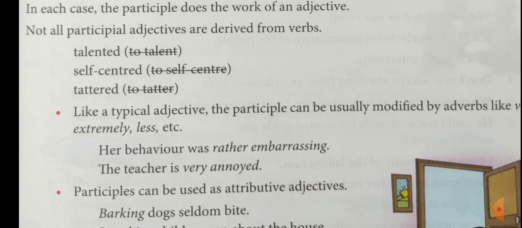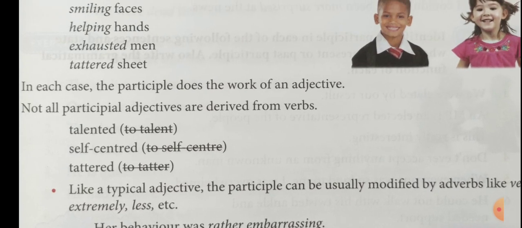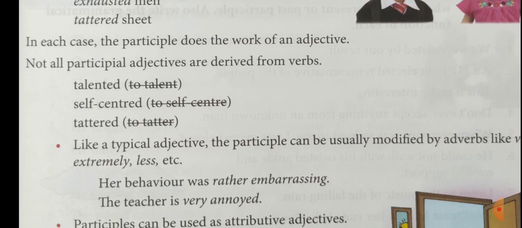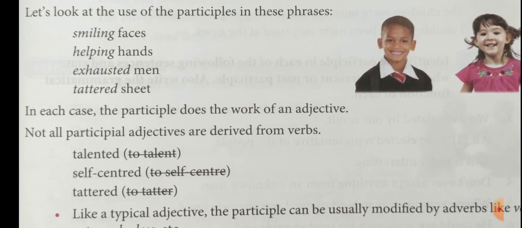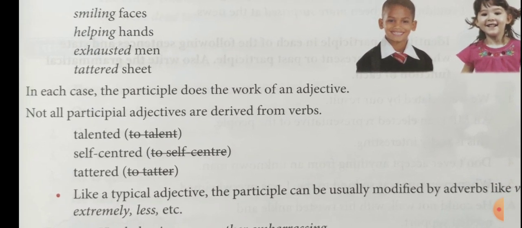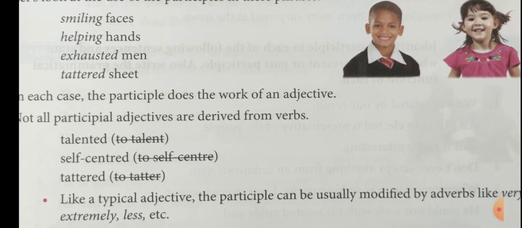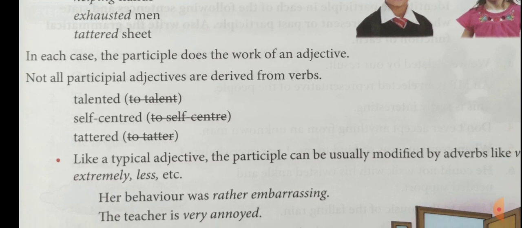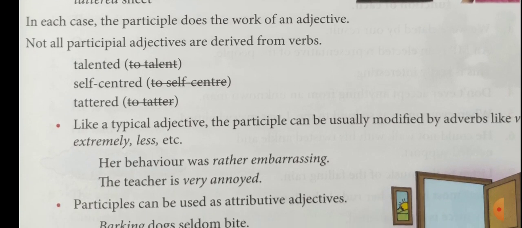That is, it describes the nouns faces, hands, men, sheet by using the words smiling, helping, exhausted, tattered. Smiling and helping are present participles. Exhausted and tattered are past participles.